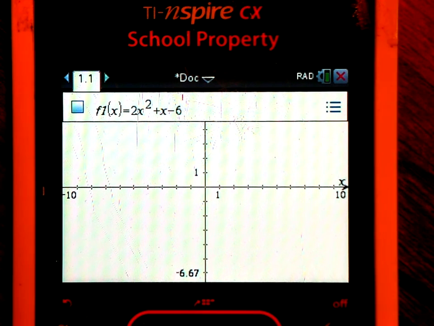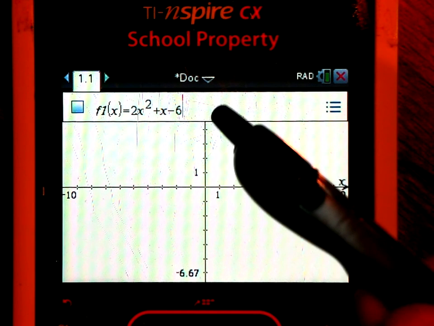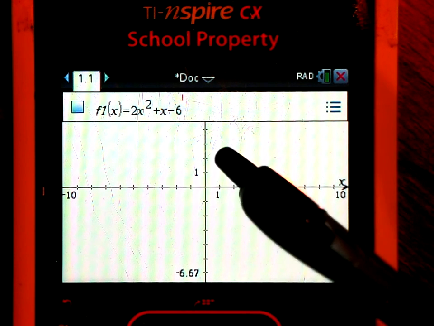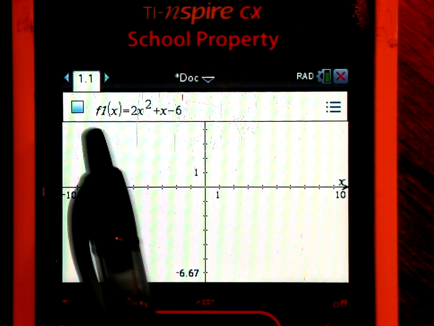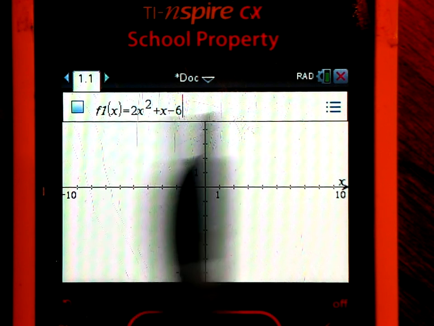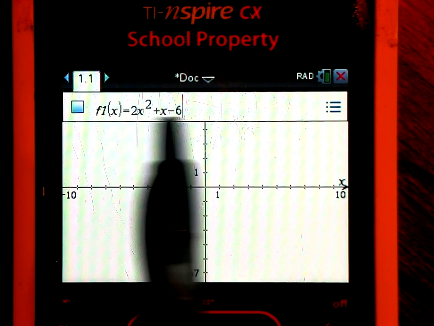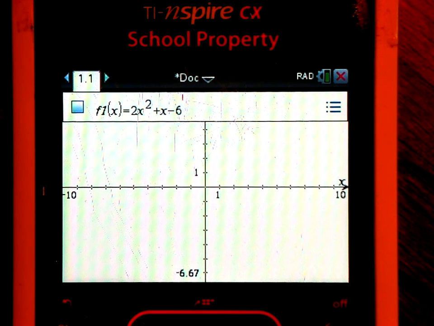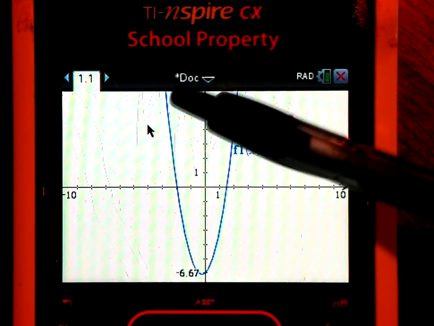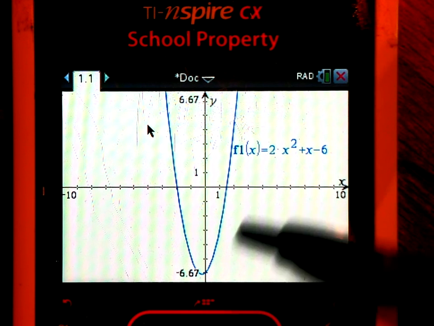You're not going to put the equals 0 here. Equals 0 just means solve for the intercepts. Here, we have f1 of x equals, or y equals this function. So I want to graph the whole thing, not just the equals 0 part. So I'm going to leave the equals 0 off, and I'm going to hit enter. And it's going to populate with this lovely quadratic curve here. Look how wonderful that is.